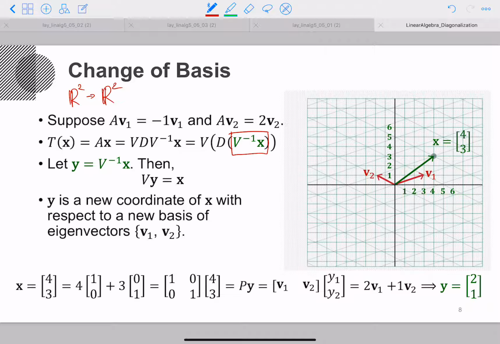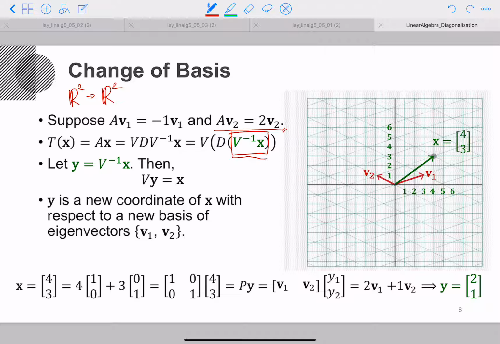And then this A has the eigenvalue -1 with eigenvector V1. V1 is something like 3, 1, for example. Also A has another eigenvector V2 with its corresponding eigenvalue 2. So let's assume this kind of situation.